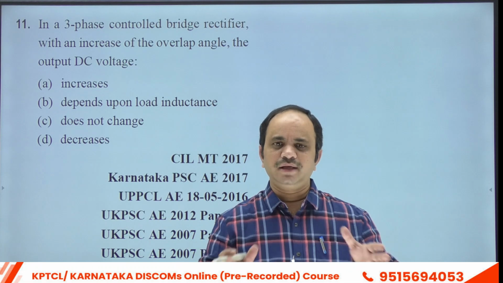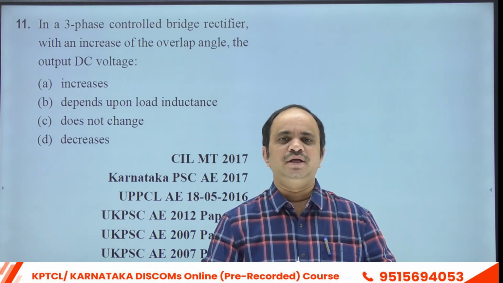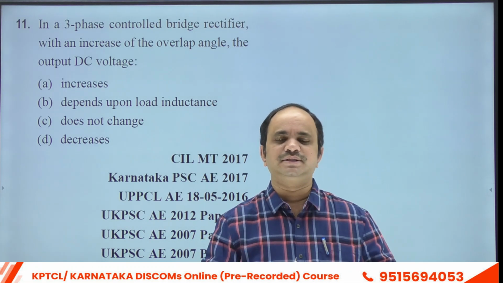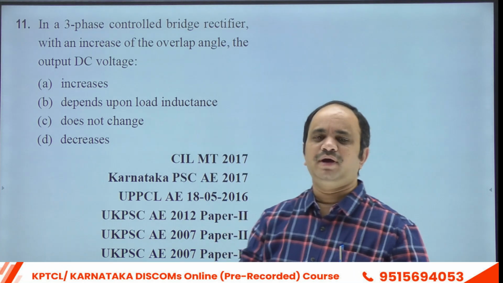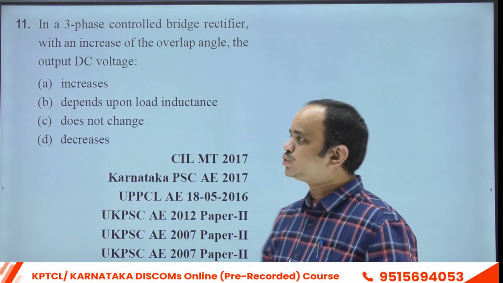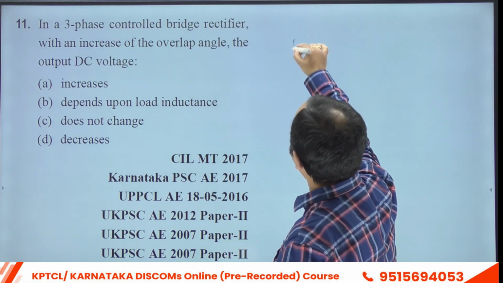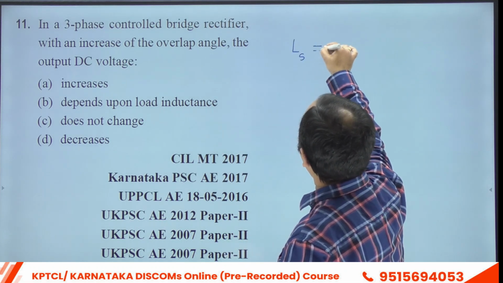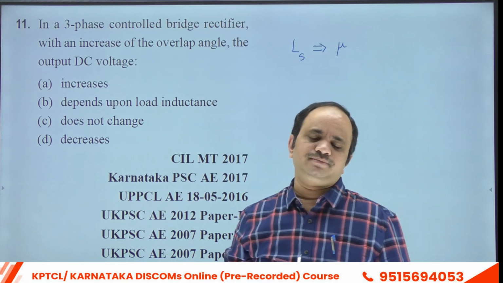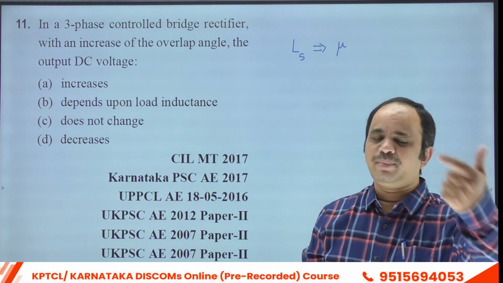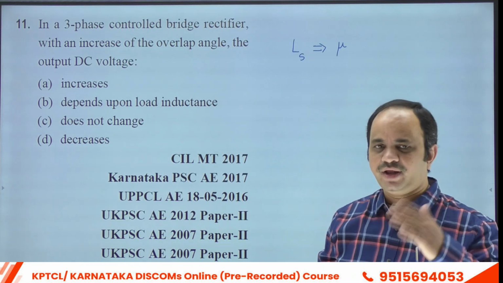In our analysis, we generally consider source side inductance to be neglected. Therefore the output voltage will have a certain value. Whenever source inductance LS is introduced, the overlap angle also comes into the picture.